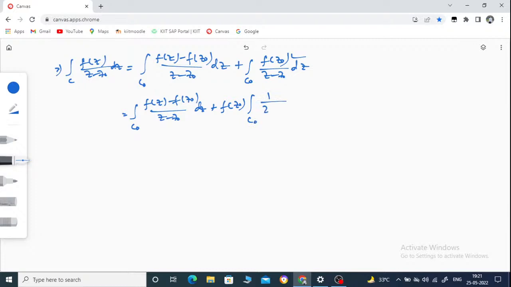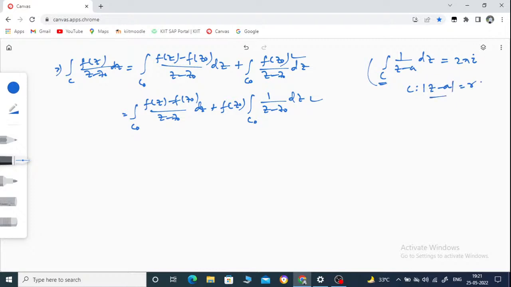Then we have integration over C naught of 1 divided by z minus z naught dz, and we know its value because I already told you in my last class: integration over C of 1 divided by z minus a dz is 2 pi i, where C is a circle, |z minus a| equal to r.